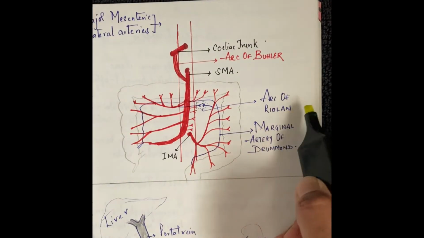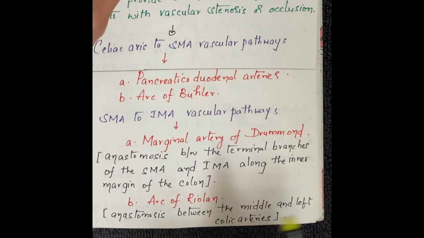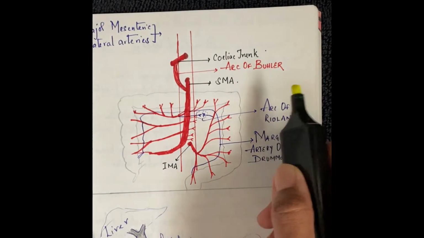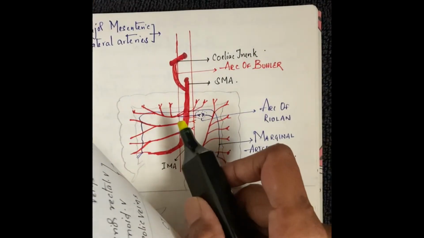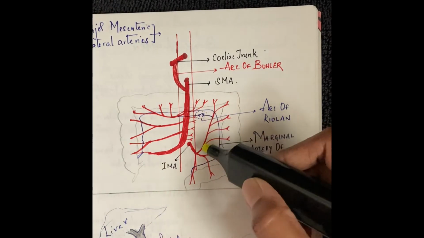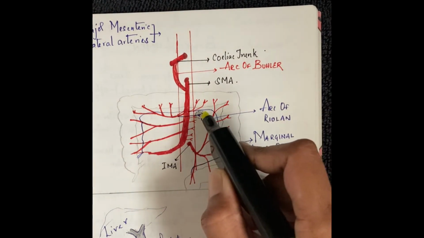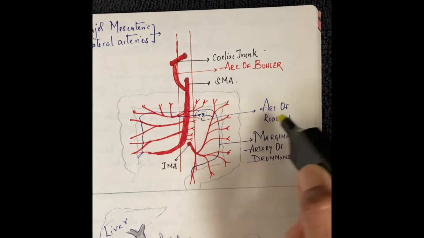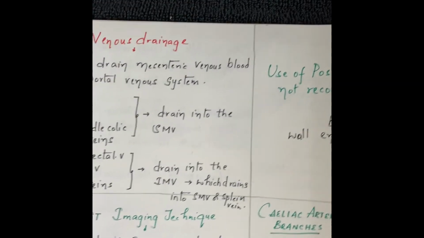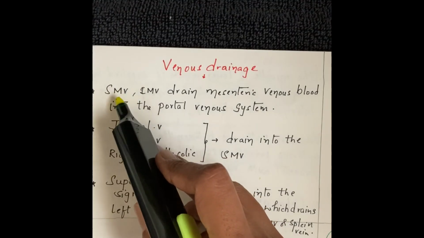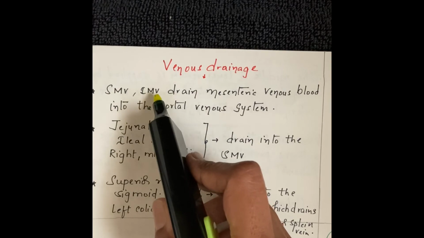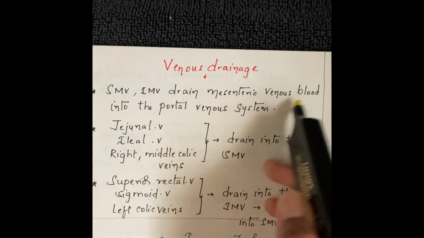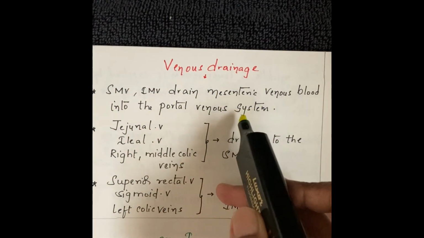One more is the arc of Riolan, that is the anastomosis between the middle and left colic arteries. This is the left colic artery, this is the middle colic artery. Anastomosis between them is the arc of Riolan. Coming to venous drainage, the superior mesenteric vein and inferior mesenteric vein drain mesenteric venous blood into the portal venous system.